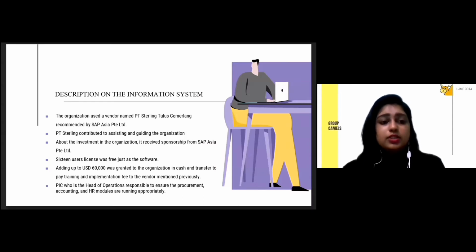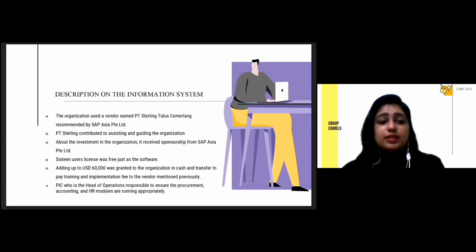The organization used a vendor named PT Sterling Tulus Cemerlang, recommended by SAP Asia. This PT Sterling contributed to assisting and guiding the organization to set up their business. About their investment in the organization, ASEAN Foundation received sponsorship from SAP Asia, so 16 user licenses were given to them for free.